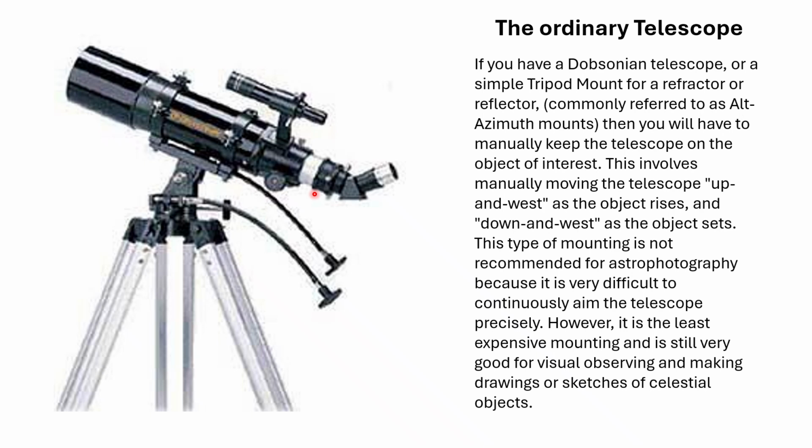This type of mounting is not recommended for astrophotography because it is very difficult to continuously aim the telescope precisely. However, it is the least expensive mounting and is still very good for visual observing and making drawings or sketches of the celestial objects.